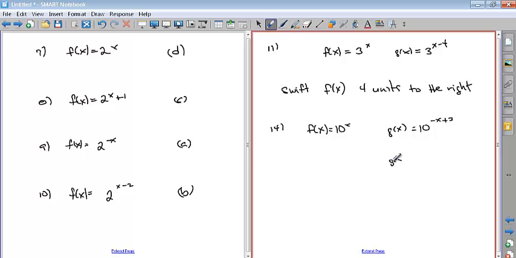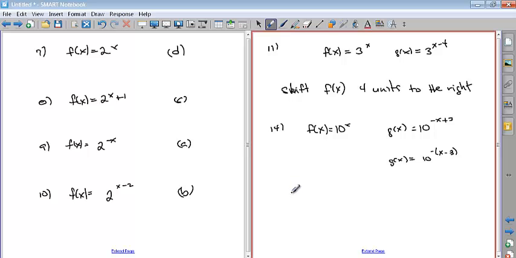So just like we had to do in previous cases, when you have a negative sign in front of the x, but you have an additional term, you factor out the negative sign. So you're going to have negative the quantity x minus 3. So this negative means you reflect across the y-axis, and this one means you shift it to the right 3 units. So that should have been shift, not swift.